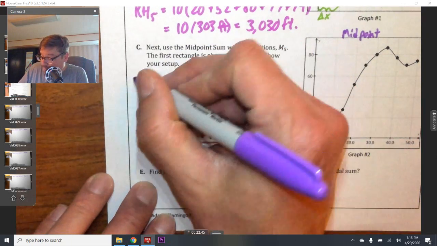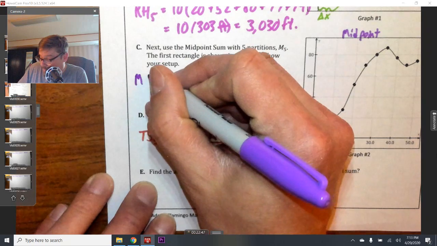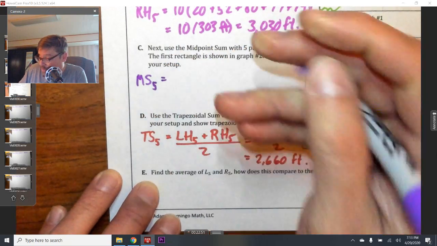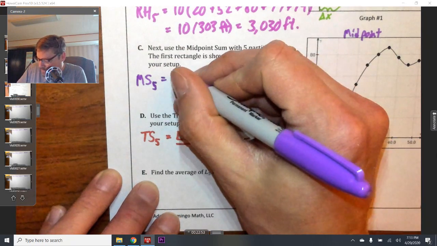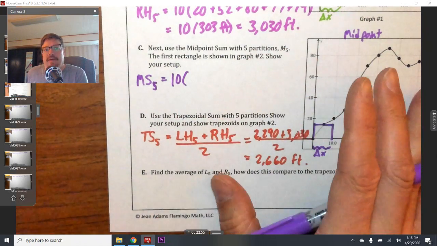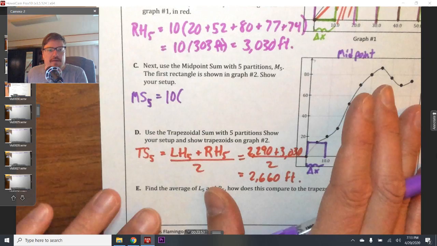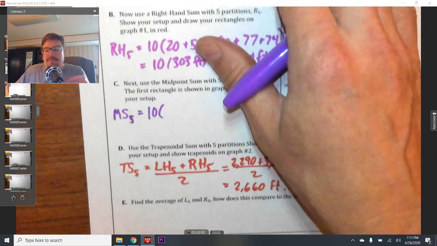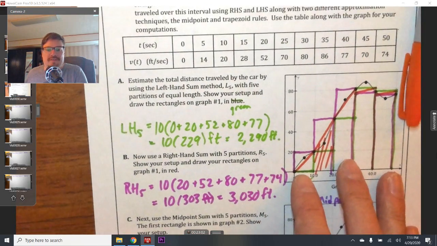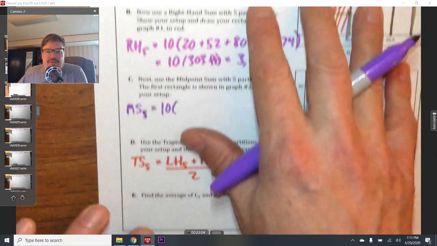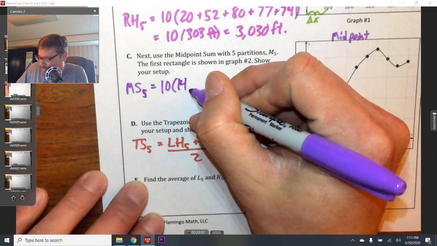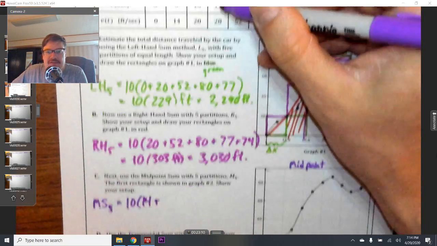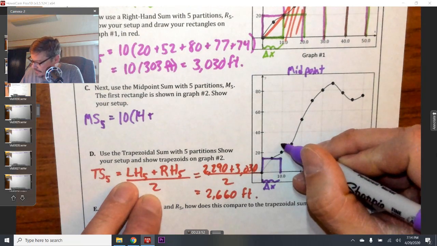So for a midpoint sum with 5 rectangles, the delta x is 10, but now I have better values. At 5 it's 14, plus the midpoint at 15 is 28, so that's actually right there.